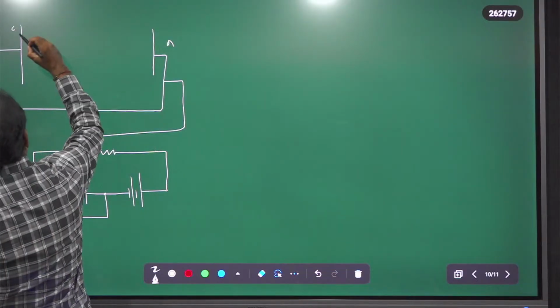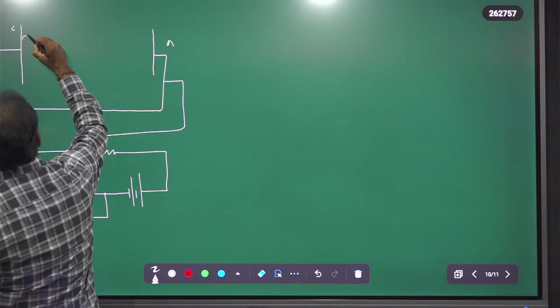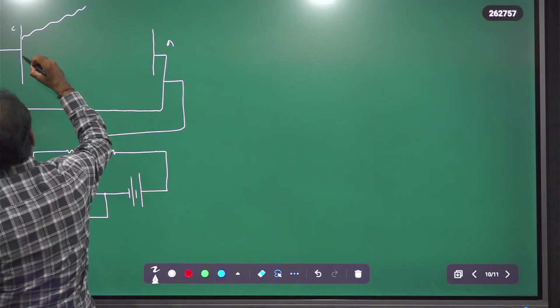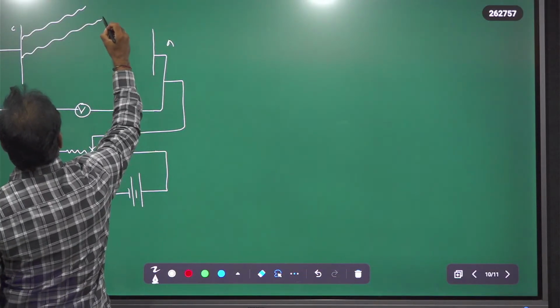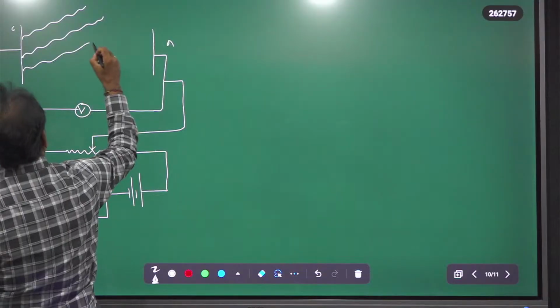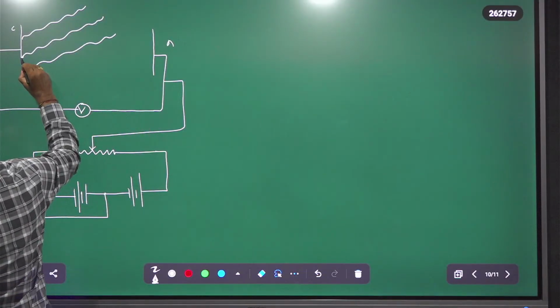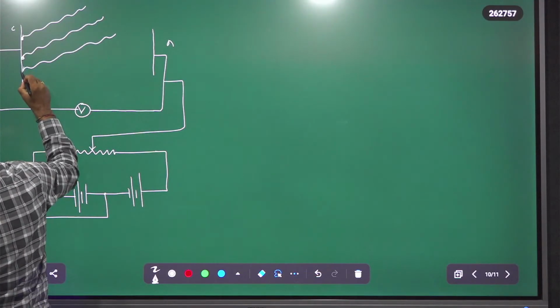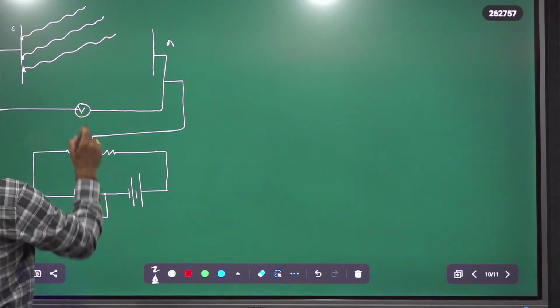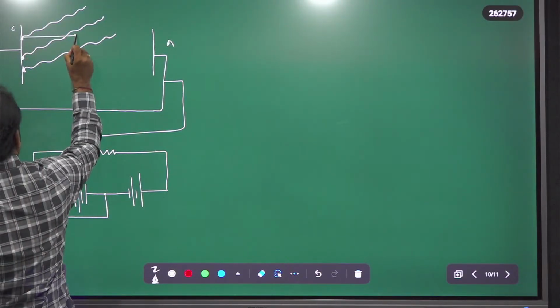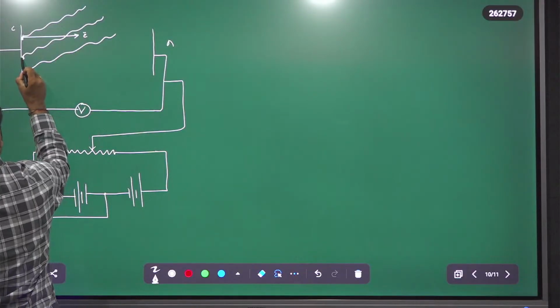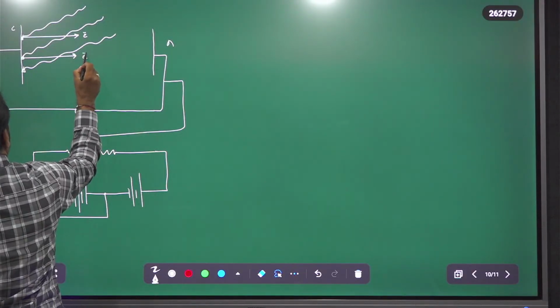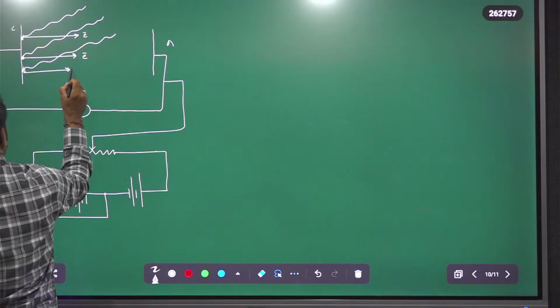When light radiation of suitable wavelength or suitable frequency is incident on the metal surface, electrons are ejected from the metal surface.